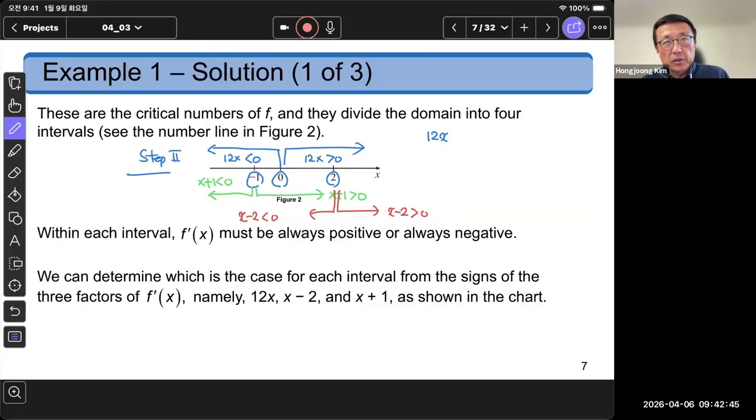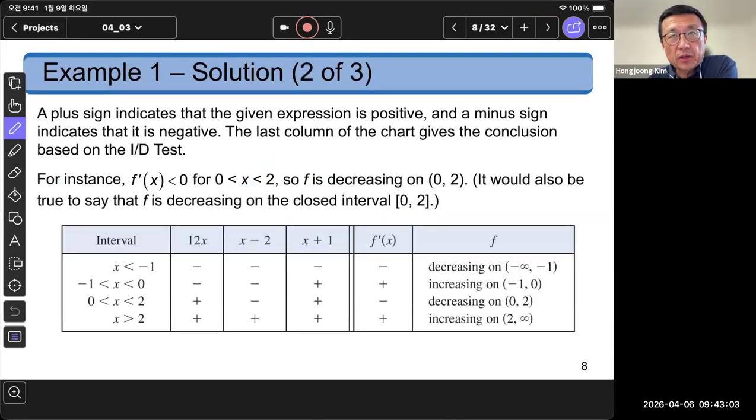So the idea is the first step was to find the points where f prime is 0. The second step, you split the interval into several pieces at those points, so at negative 1, 0, and 2. Please remember this negative 1, 0, 2.